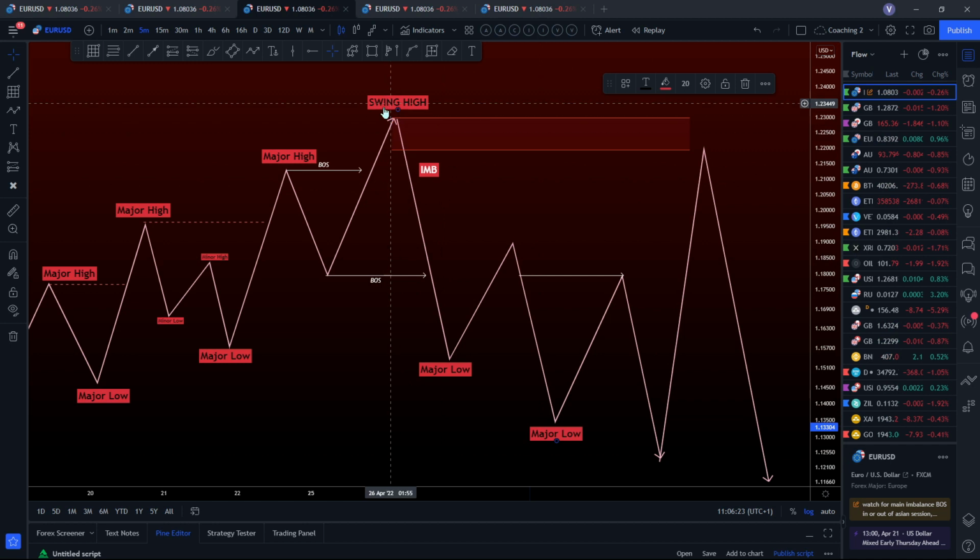So by utilizing these extreme zones, in my community we call them extreme OBs or XOBs for short. It's not something I've come up with. It is something that I've personally noticed on the chart, and I haven't seen many SMC traders trading them, but I have seen a few trading these extreme supply zones without really realizing why they're so important.